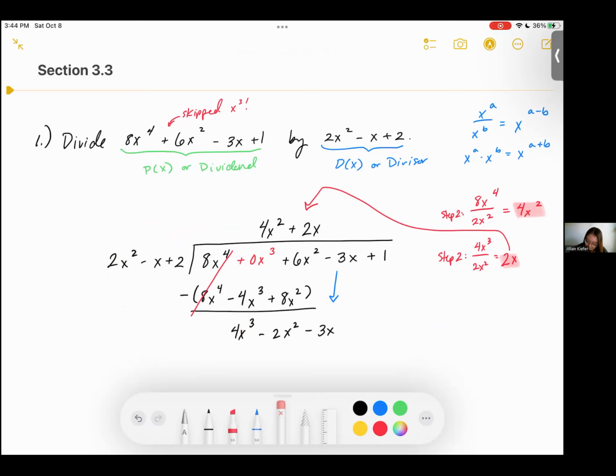And this one, there we go. So we now have 2x. It's our new term in our quotient. We're going to take that value, multiply it to every term in the divisor. So we're going to take 2x and we're going to multiply each one of these terms.